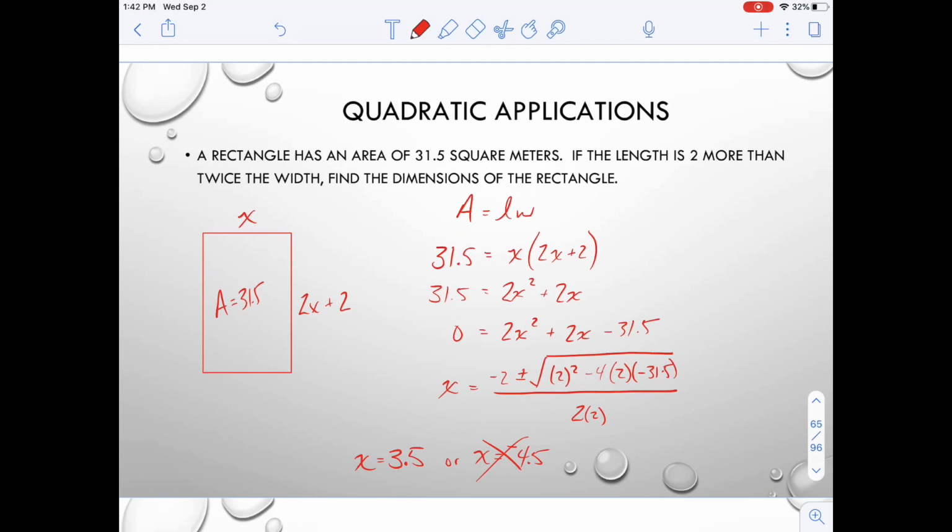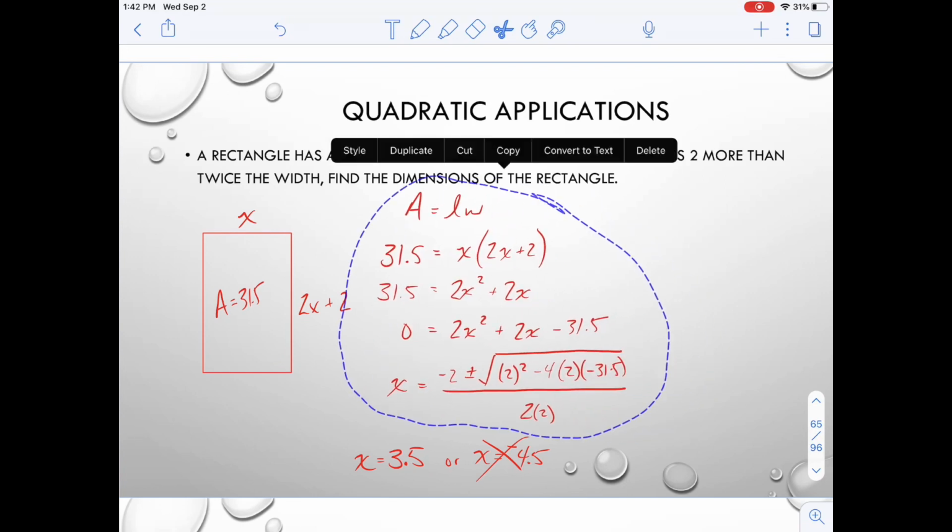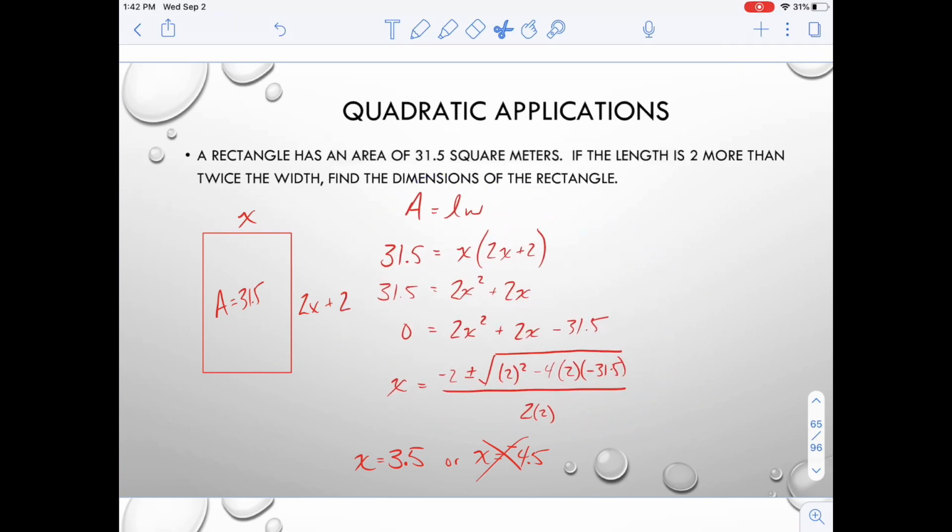Now I would ask, have we actually answered the question? Well, partly, but not entirely, because we're asked to find the dimensions of the rectangle. I've got one, I have the width. So now I need to take this value for x and plug it back in to find my length. So to find my length, we're going to have 2 times 3.5 plus 2. 2 times 3.5 is going to give me 7, and plus 2 is going to give me 9.